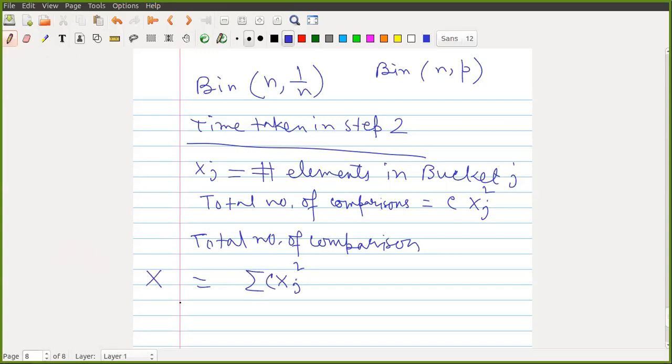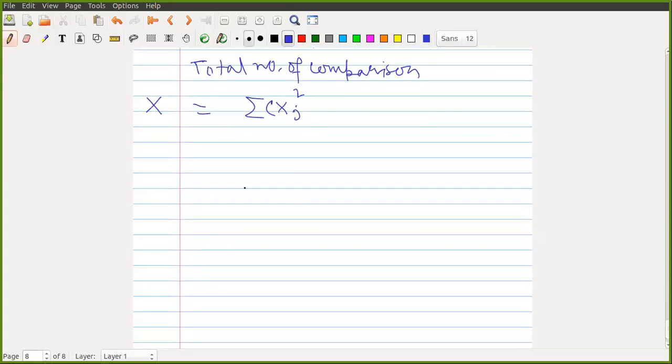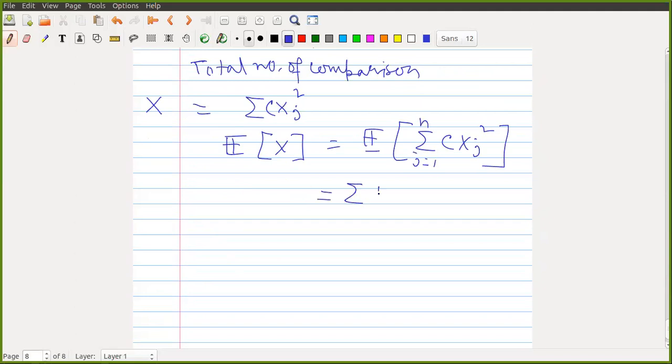Let's call this x. So we will be finding the expected value of x. What is the expected value of x? It will be E of the sum of c xj squared, where j ranges over the buckets. By linearity of expectation, it will be the sum of E of c xj squared.